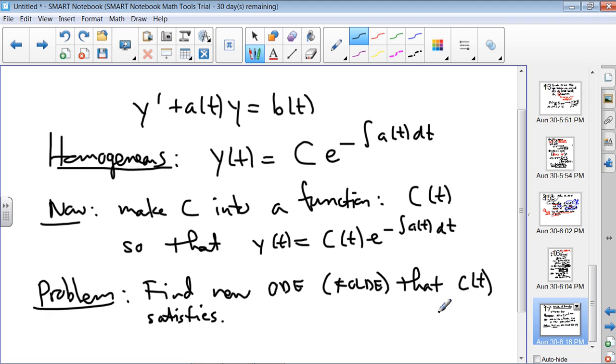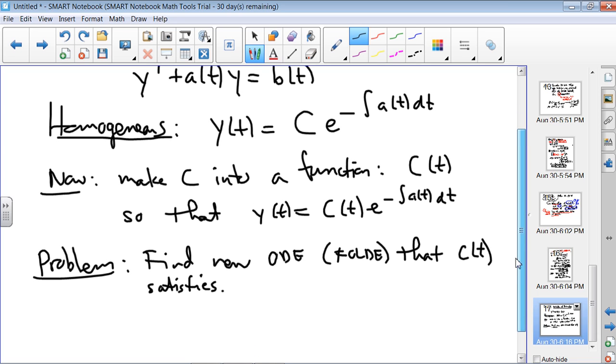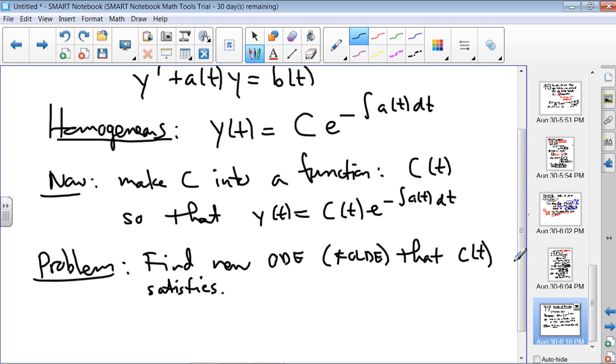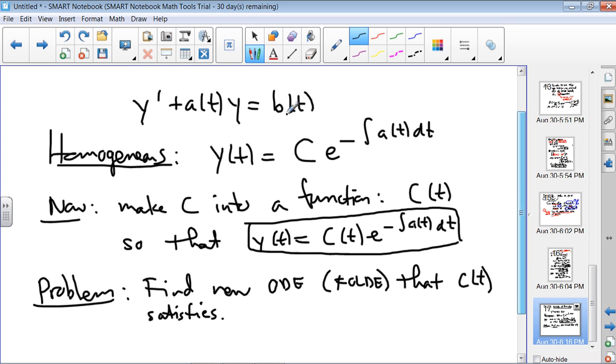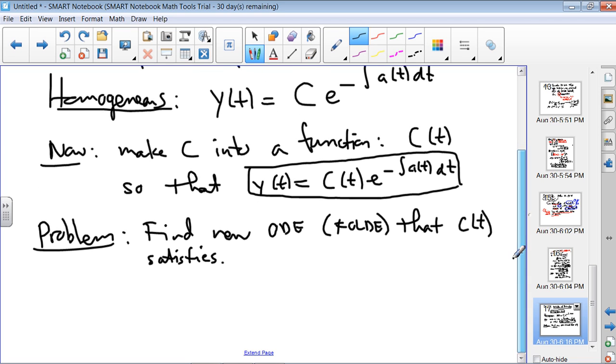Okay, so again, this is another one of these critical thinking exercises because I'm not asking you to compute a particular function. I'm asking you sort of a higher level question. See if you can derive the equation that c of t satisfies, knowing that y of t is related to c of t in this way, and that y of t satisfies this differential equation. All right, so give that a shot for a few minutes, and we'll come back and talk about it.